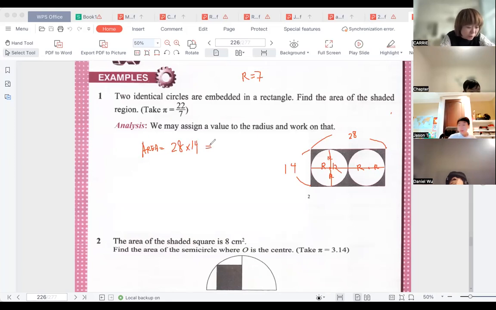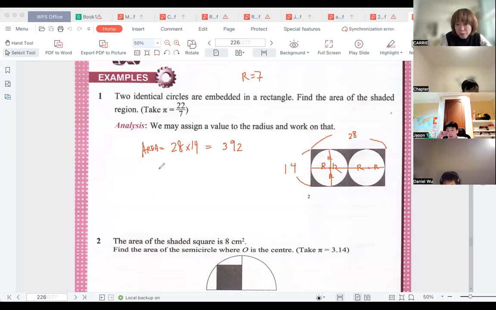So 28 times 14 equals what? 392. Very good.